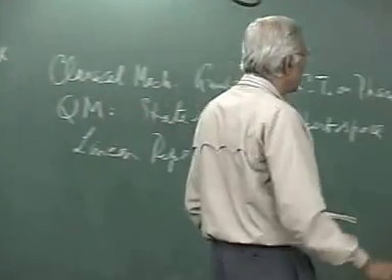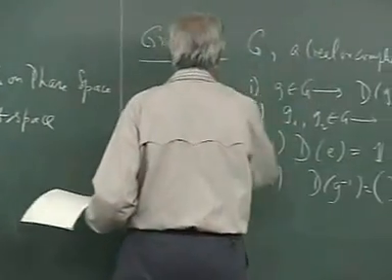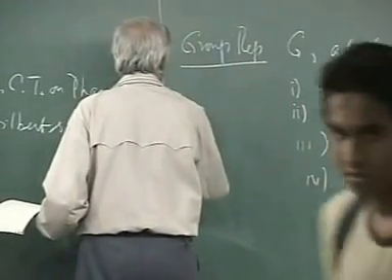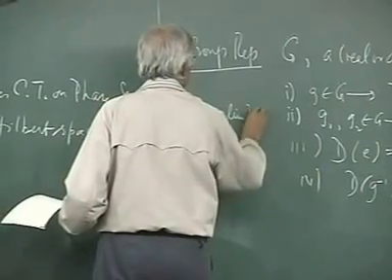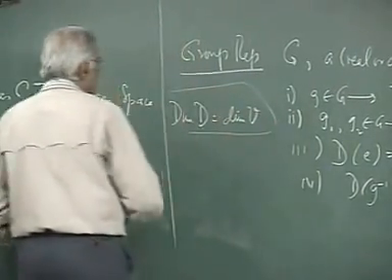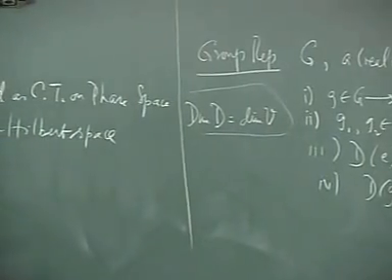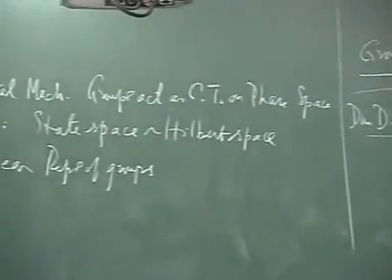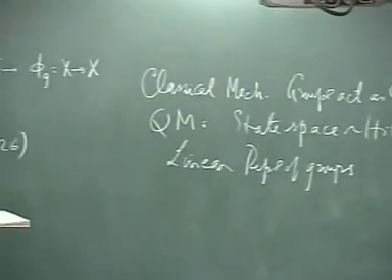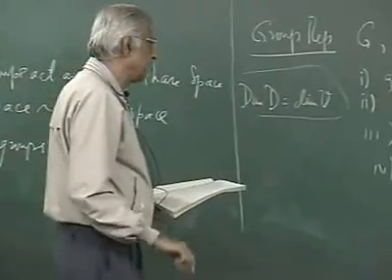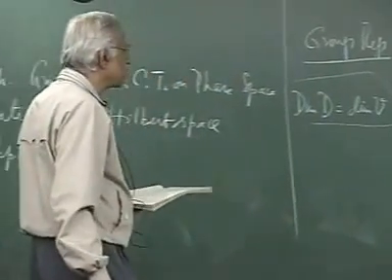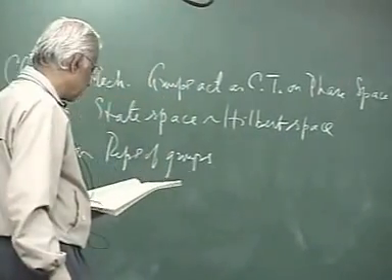Dimension of a representation is by definition the dimension of the vector space on which you are considering a representation. So this dimension may be finite or may be infinite. We will see both in our later examples.